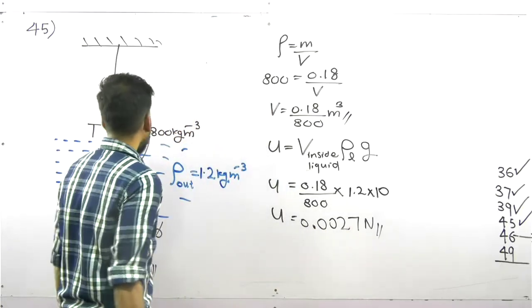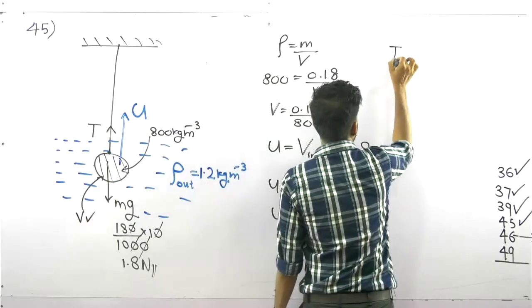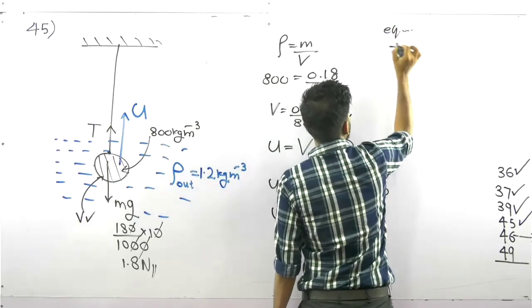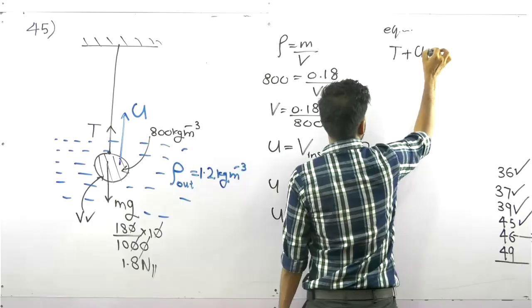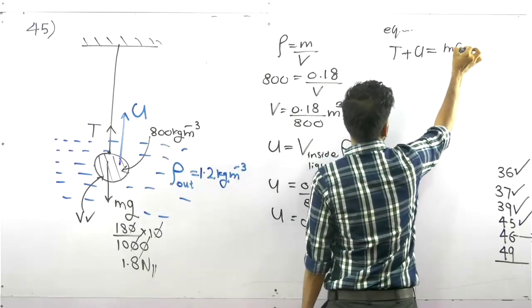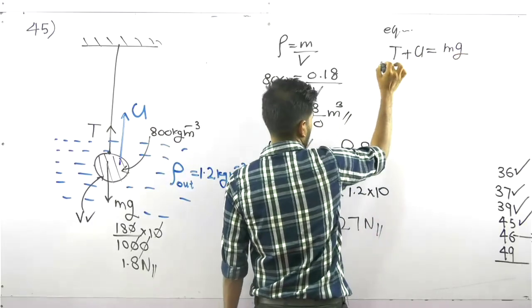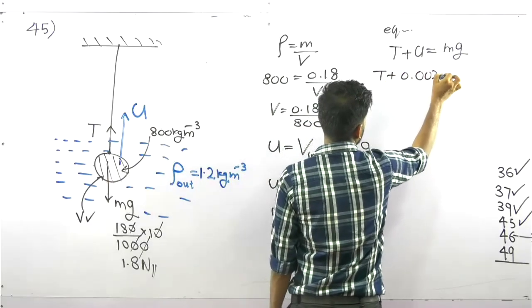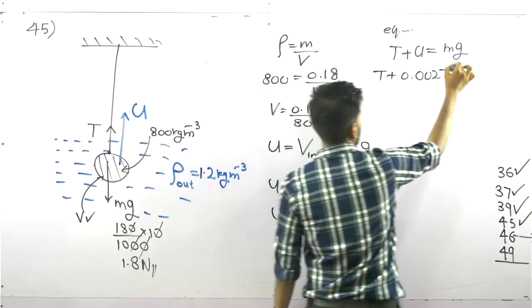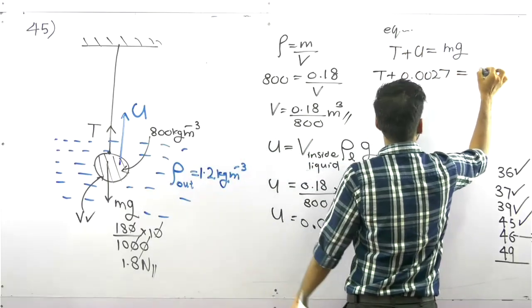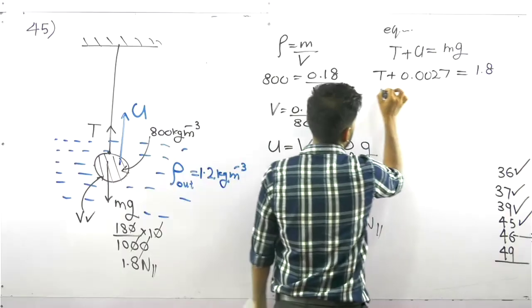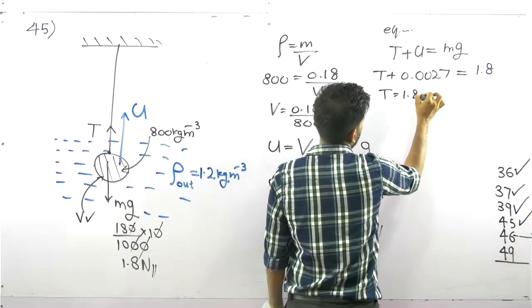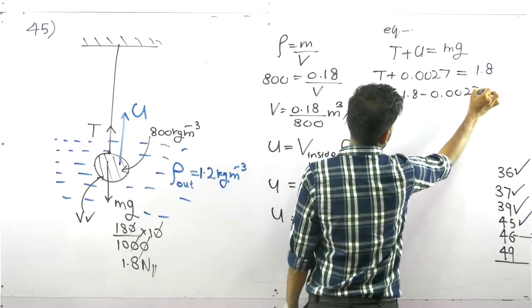The tension attracts the object upward, in equilibrium, and the upthrust is also upward and the weight is downward. Tension of the string plus upthrust 0.0027 is equal to weight. Weight is equal to 1.8. So the tension is equal to 1.8 minus 0.0027.